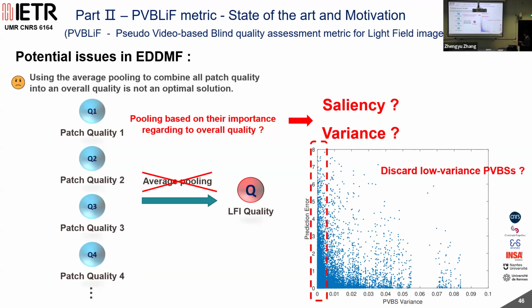Here we show the relationship, and we can see that the PVBS with low variance, their predictive accuracy actually is not very stable. So in this metric, we propose to discard these low variance PVBS to obtain better pooling quality.